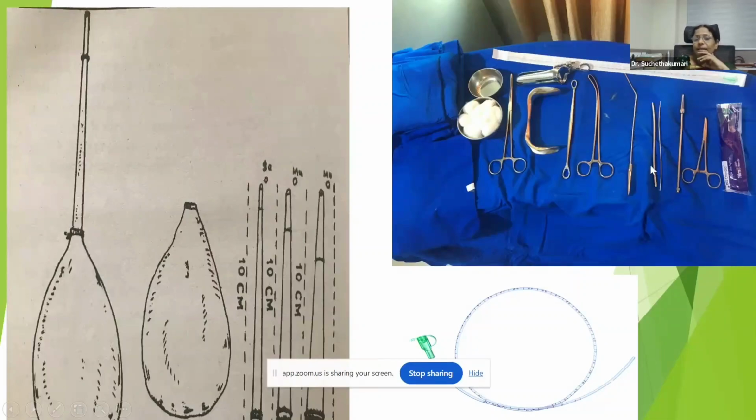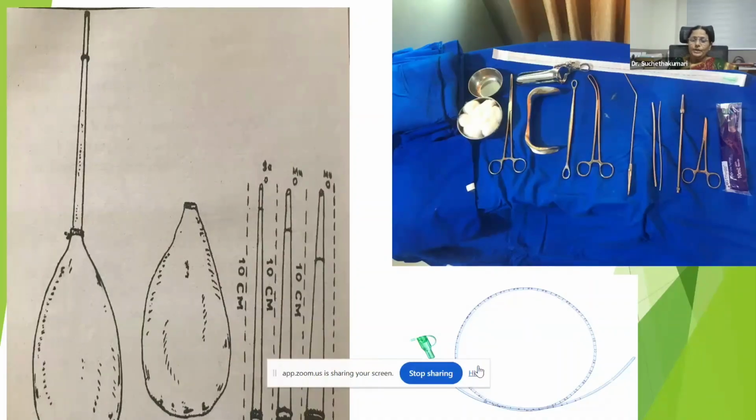Next are the cervical dilators. Usually there is no need for cervical dilators if the lady has already delivered, but in some nulliparous women, we may need more dilatation of the cervix. Once the cervix is dilated, we have to introduce the medicament into the uterine cavity.